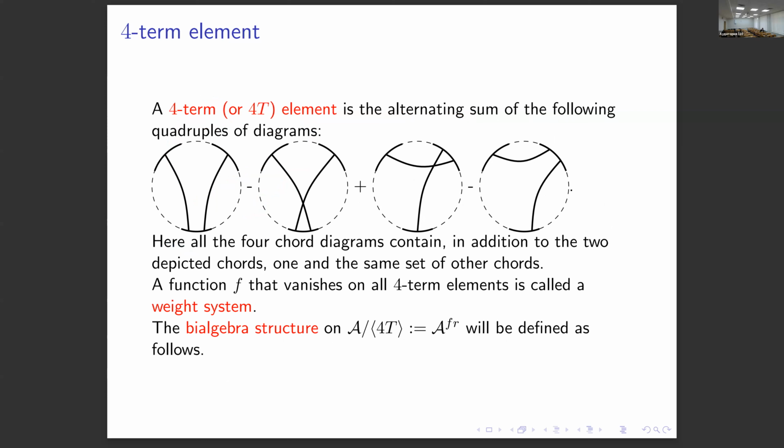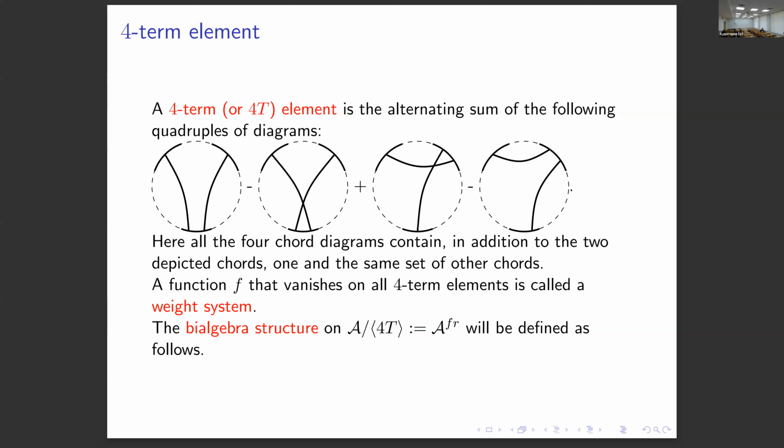The Fortune element is the sum of these following 4 diagrams. I pick 2 specific chords in the diagram, fix one, and switch the endpoint of the other chord. There are 4 possible places to be the neighbor of the endpoint. This kind of element I call the Fortune element.